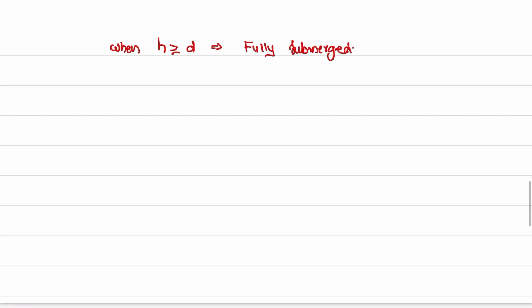Now, what is this force? What is the formula for this force? A is the area of cross section, that is equal to B into D. As we have seen previously, it is a rectangular cross section.